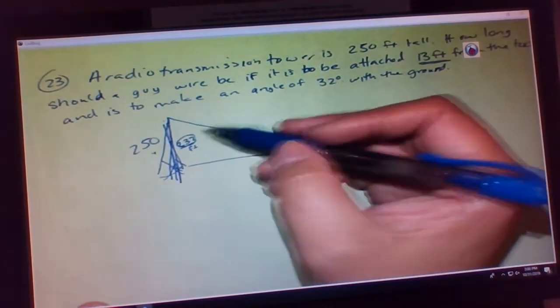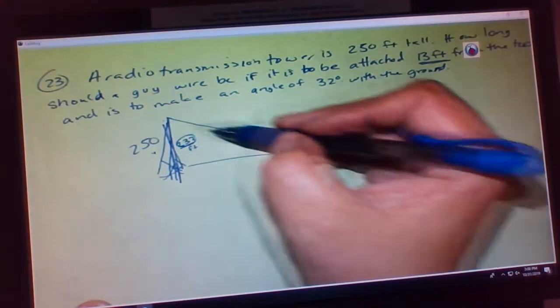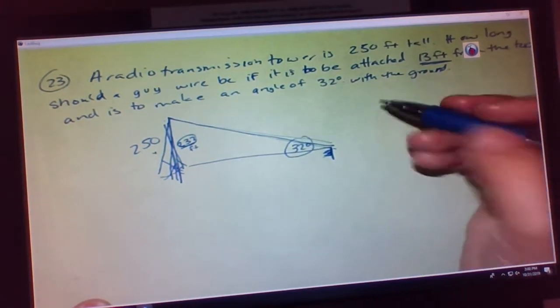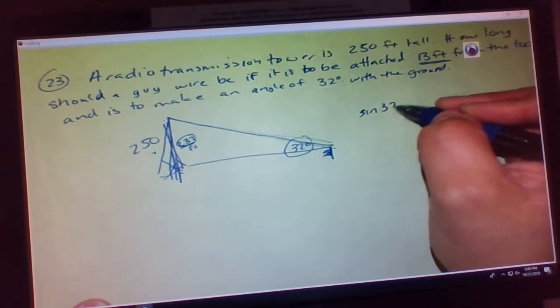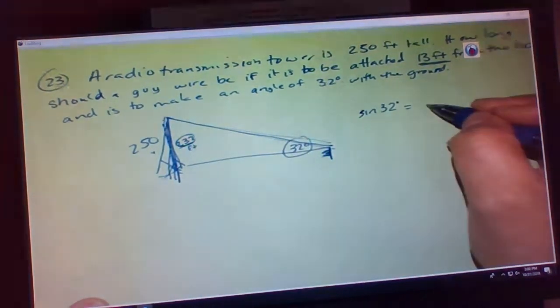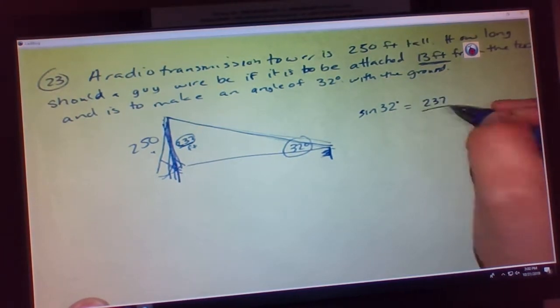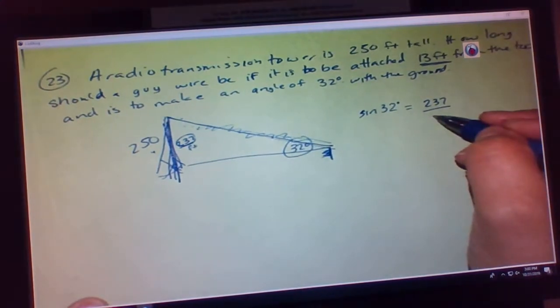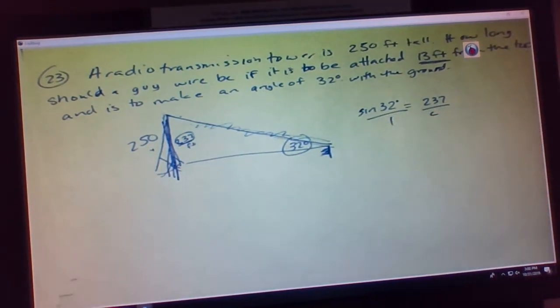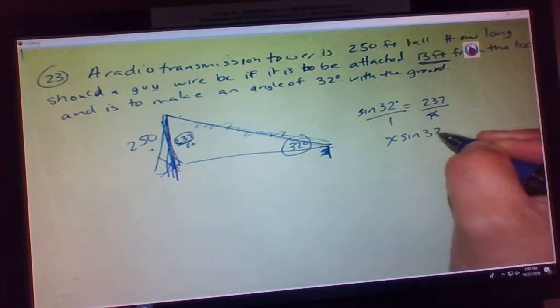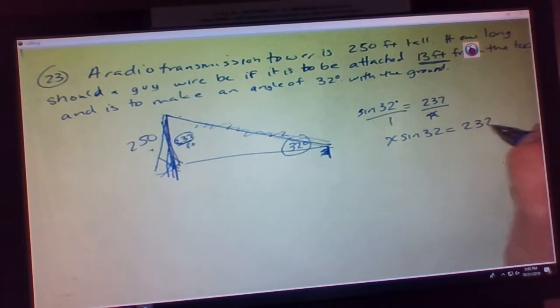So they want to know how long is this wire that they're going to put, how long is that going to be? So I have sine of 32 degrees equals opposite. The opposite is 237 over your hypotenuse, which is your wire they're going to put. So your C, I guess. And then you just cross multiply. I'm going to make that an X. X sine of 32 equals 237.